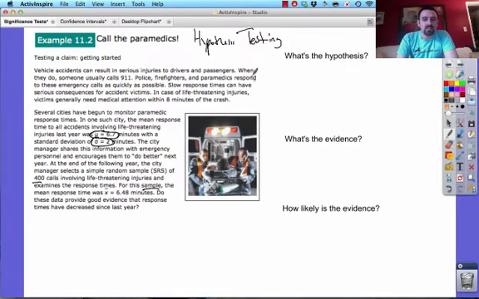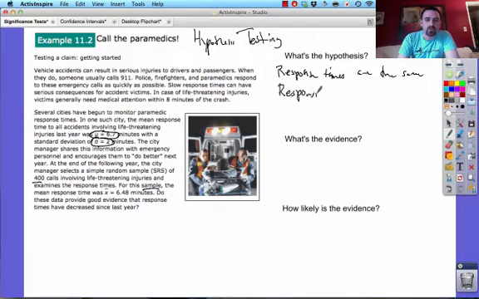Okay, so let's look at the hypotheses. There are two competing hypotheses. The first hypothesis is that response times are the same. And the second one is that response times have gone down.